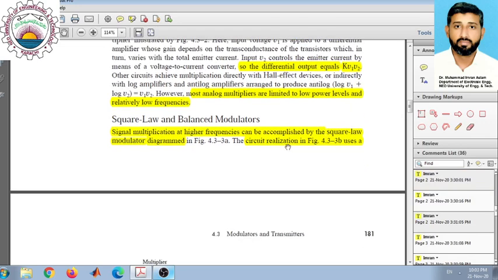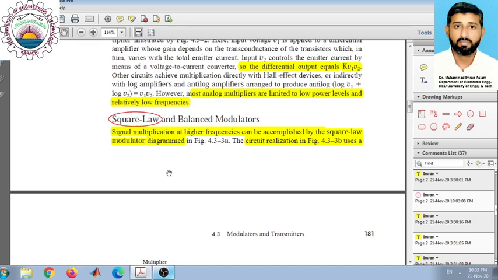modulators. One of the important modulators is the square law modulator. Square law modulator, as the name says, is based on the squaring of a signal, which is a very logical interpretation.